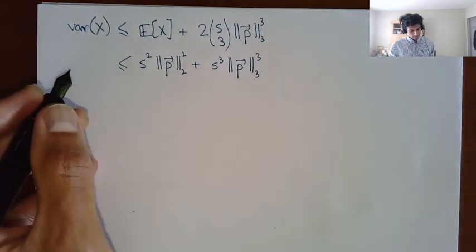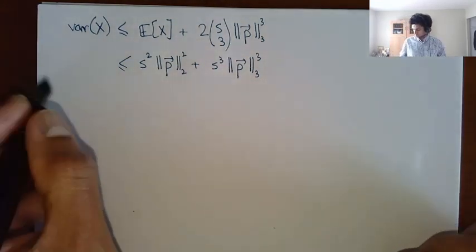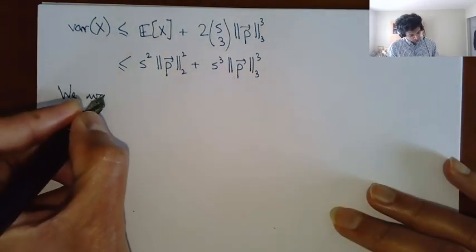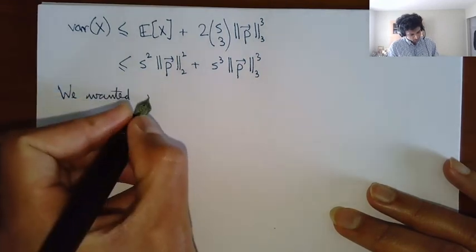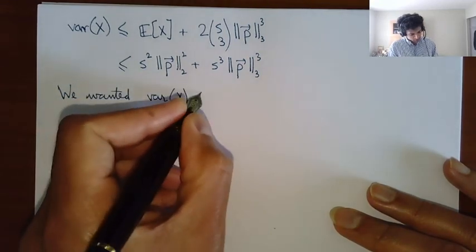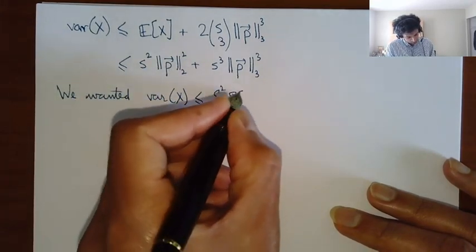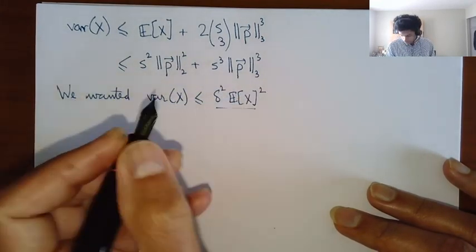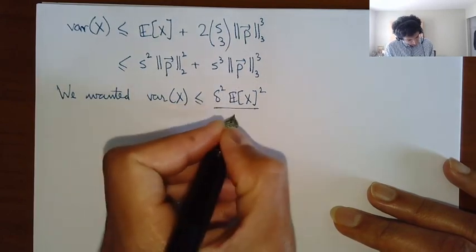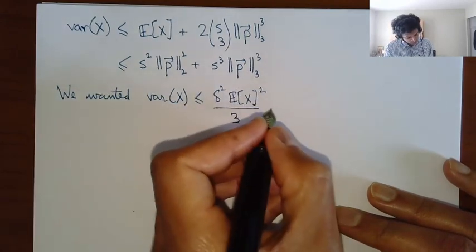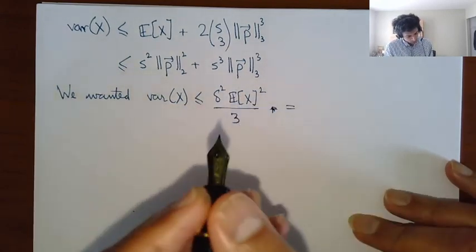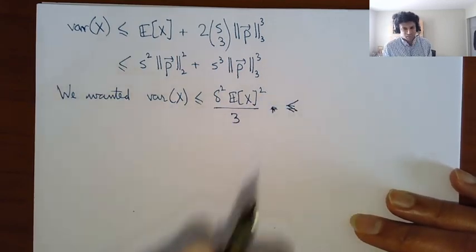Okay, so let's go back to what we wanted. We wanted the variance to be at most delta square times the expectation square divided by 3.